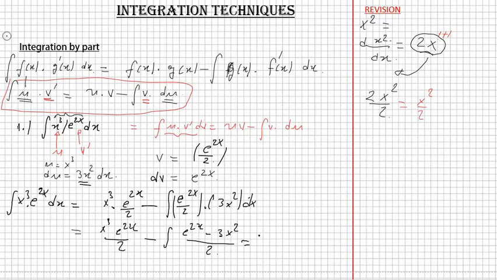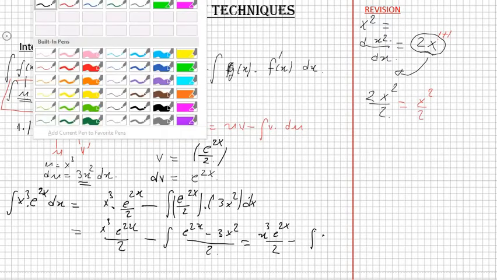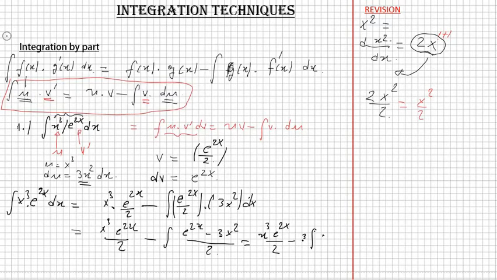So this is the same as x to the power of 3 e to the power of 2x divided by 2 minus half multiplied by the integral of, so actually you have 3 over 2, which is a constant, so it can go outside the integral.